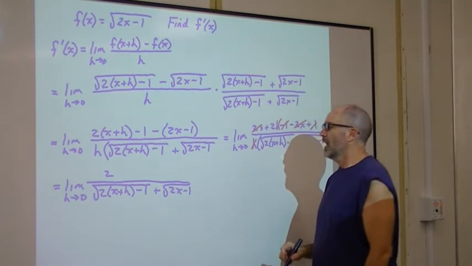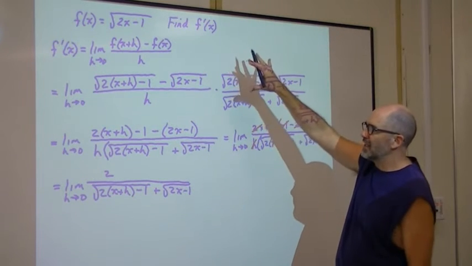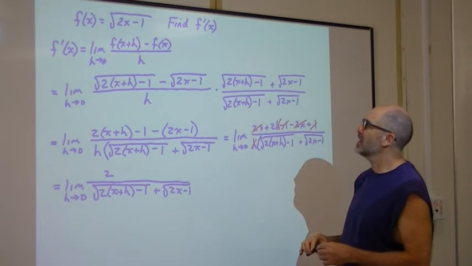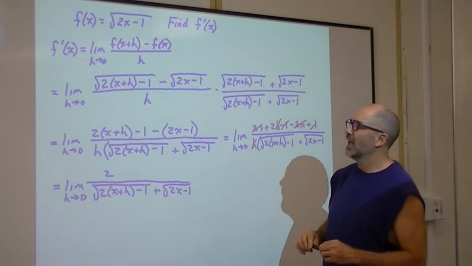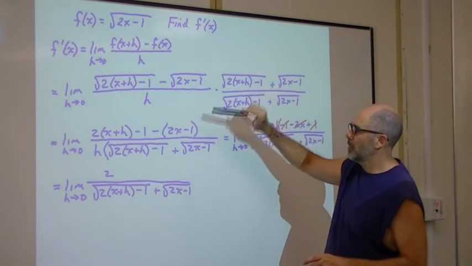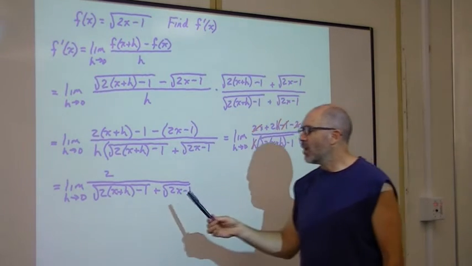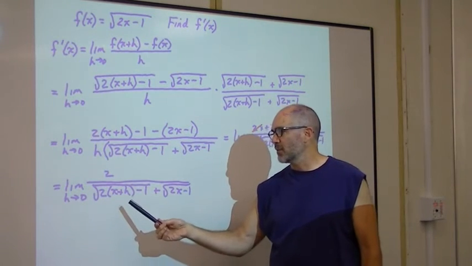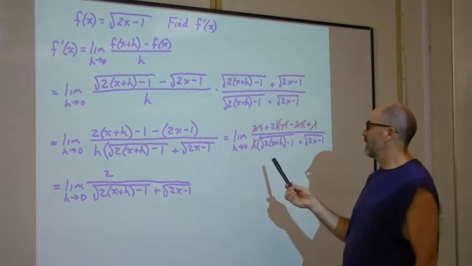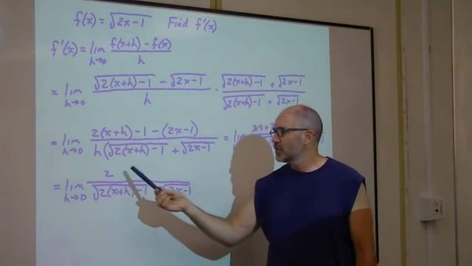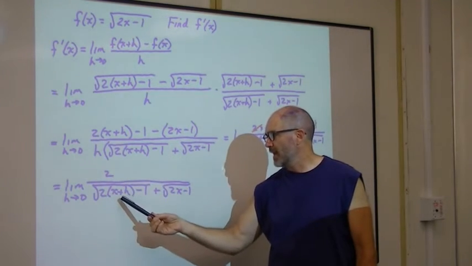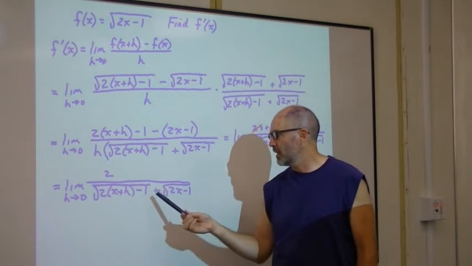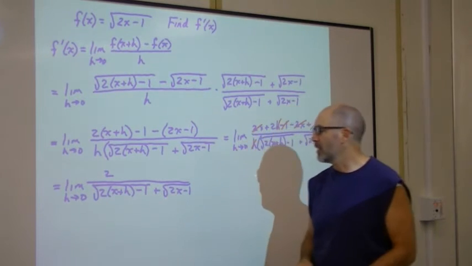All right, so as in every one of these limit problems, the key thing is you have to get h canceled between the top and the bottom. Well, now once we have h canceled, we don't have 0 over 0 anymore. We've got 2 over the square root of 2x minus 1, plus the square root of 2x minus 1.